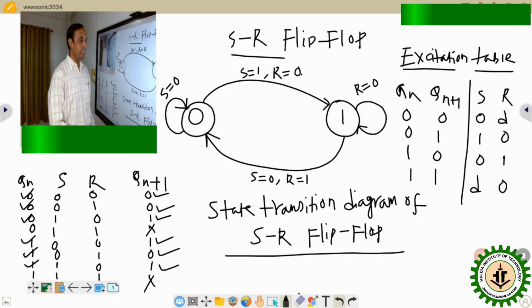Now we'll go to the next flip-flop, which is the modification of that SR flip-flop. It's D flip-flop. D means delay. Now first I am drawing the D flip-flop circuit diagram. After that I am explaining.